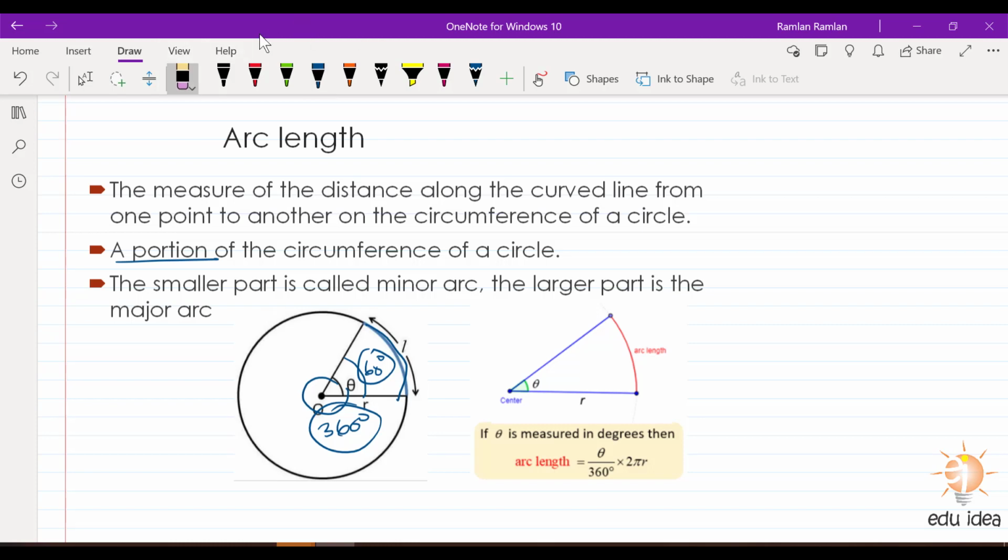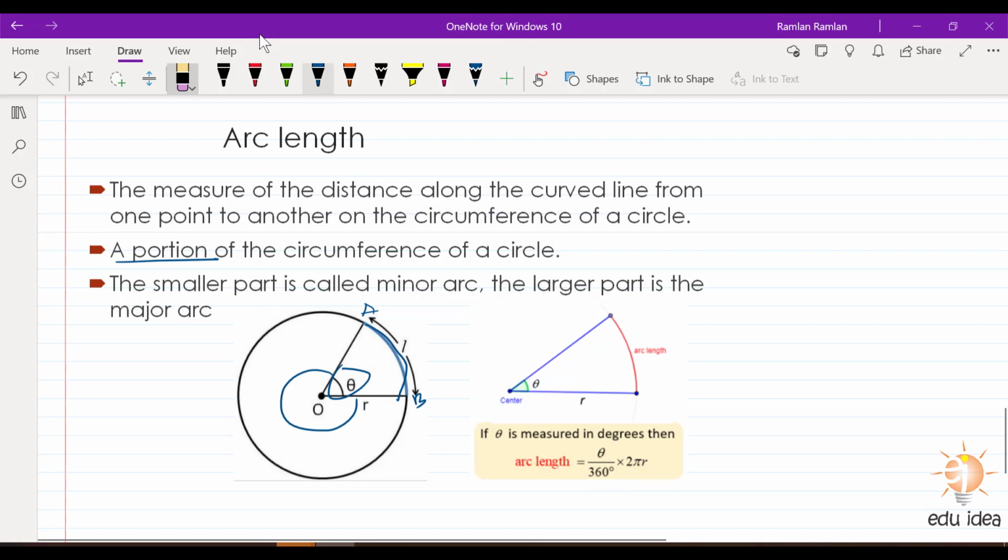So if you see the formula in here, if the angle is this, we read this as theta, right? So if the angle is theta, which means that the arc length from A to B is just theta compared with 360, again 360 from the angle that forms a circle, and then you just times it with 2 pi r.